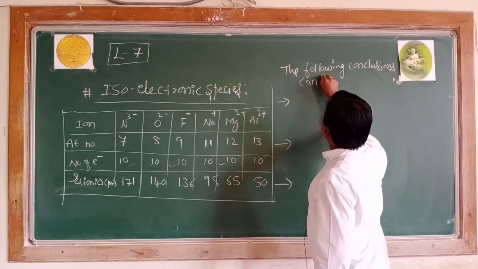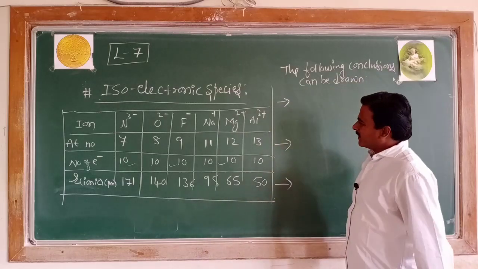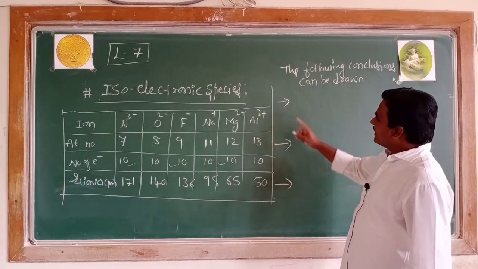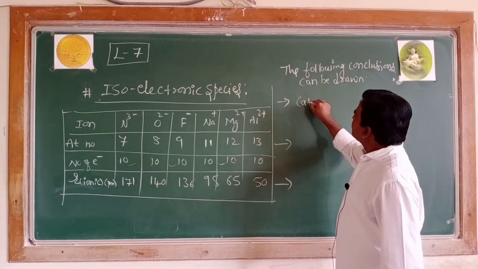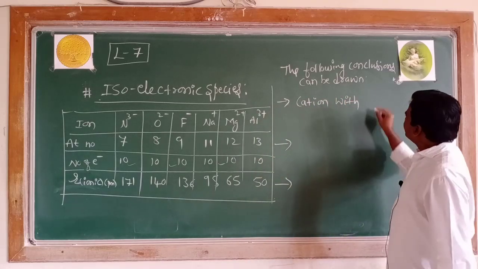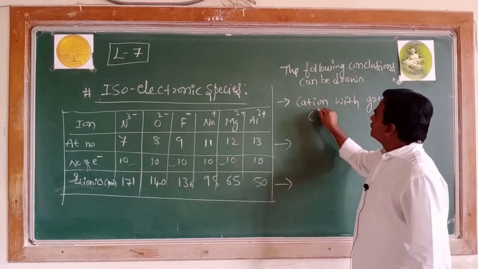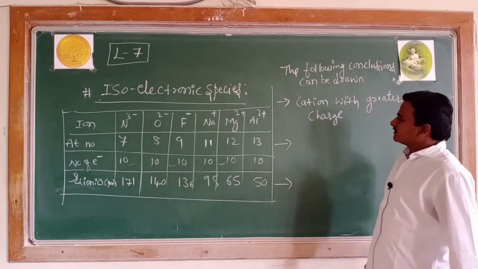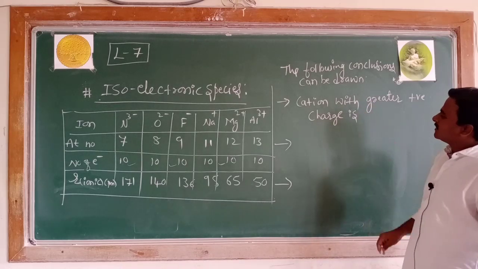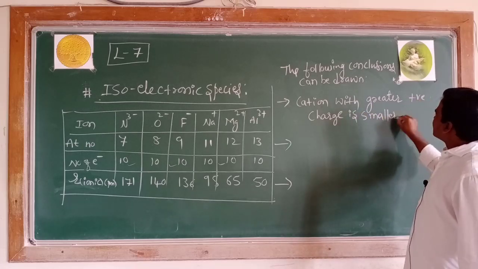Number 1: cation with greater positive charge is smaller in size.